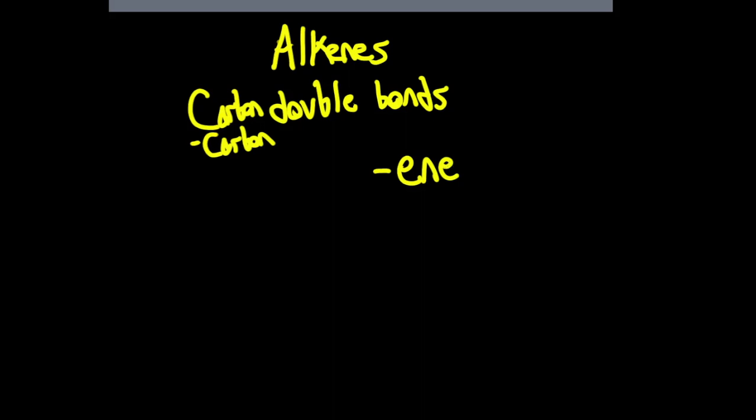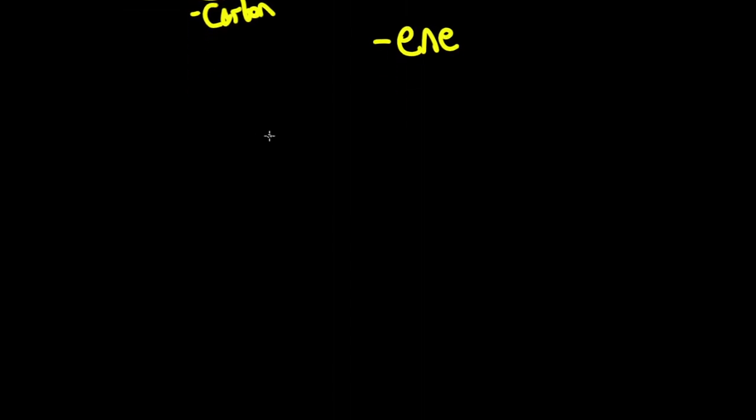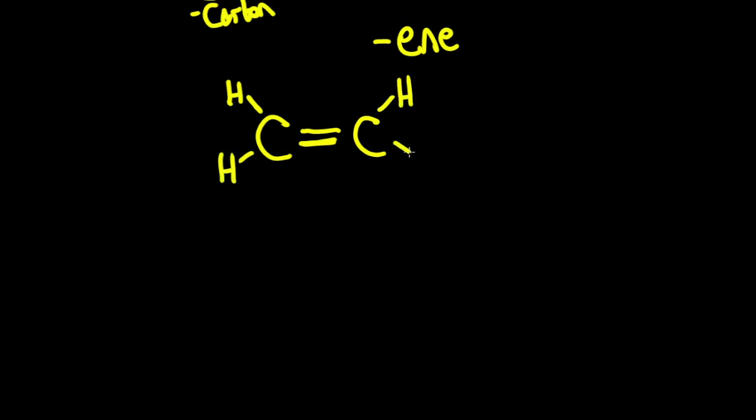Alright, so let's draw ethene. Okay, ethene, I have 2 carbons. Alright, and if I do a double bond between them, a carbon-carbon double bond, now, like I've said previously, carbon always has to have 4 bonds. Okay, so if I add hydrogen to it, I look at my carbons, I can circle them, and I see I've got 2, 4, 6, 8 electrons.